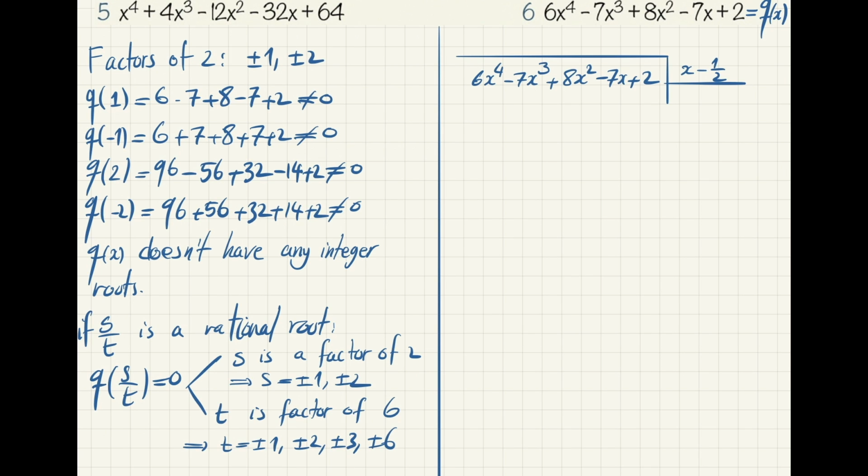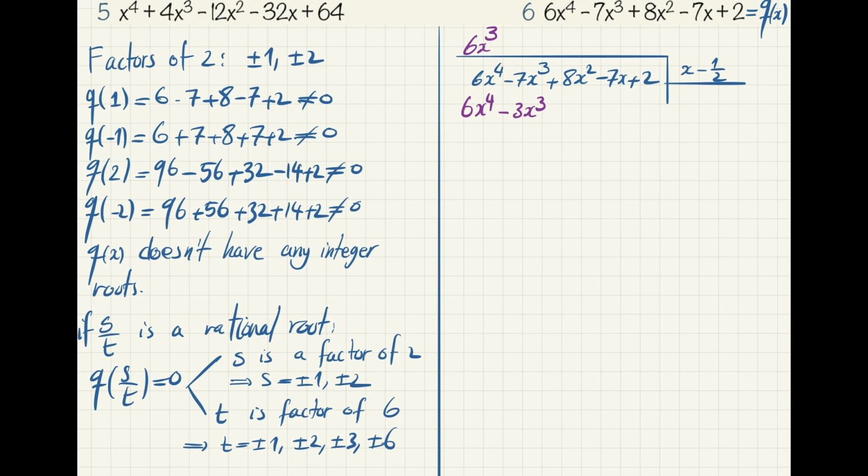The first term divided by the first term gives me 6x to the 3. So I multiply it there, and it becomes 6x to the 4, and the other one becomes negative 3x to the 3.